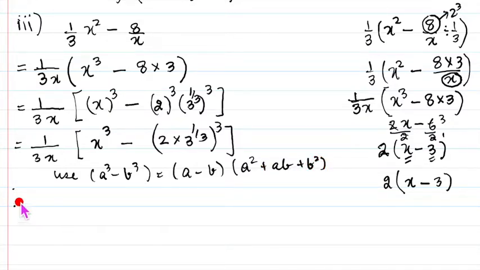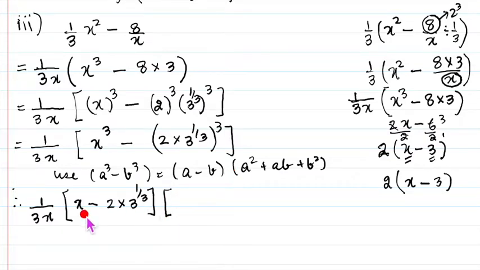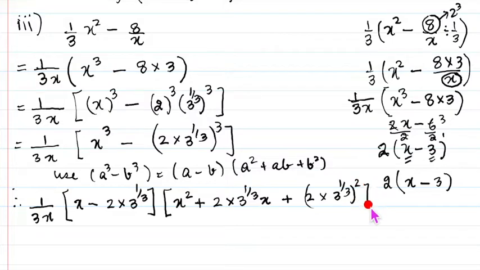So using this, we will have 1 upon 3x will be equal to, first bracket will be x minus this, that is 2 into 3 to the power 1/3, and the second bracket will be square of this, that is a square, so x squared, plus it will be a multiplied by b, so this multiplied by this, which means 2 into 3 to the power 1/3 x plus square of this, so it will be 2 into 3 to the power 1/3 square.